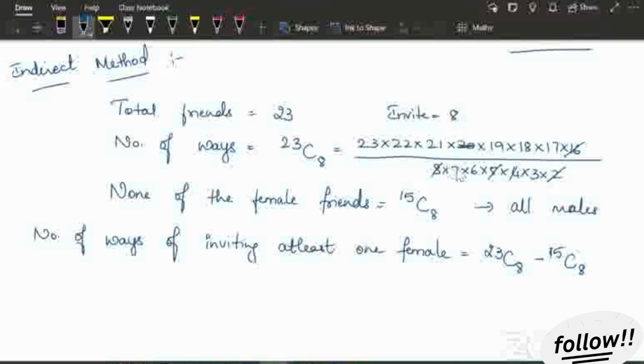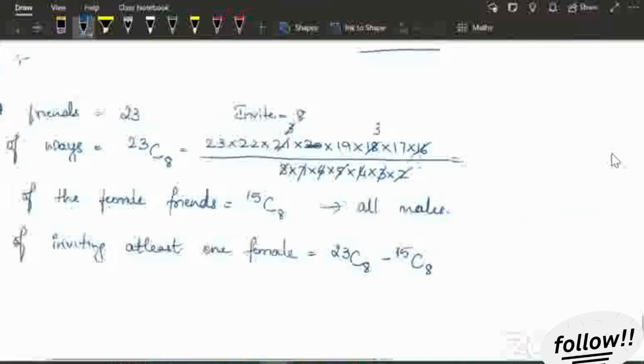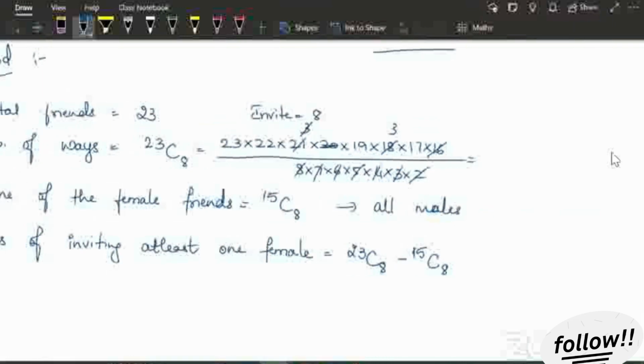And then 7 3s are 21. And this 3 gets cancelled with this. I have only 6 left. 6 3s are 18. I think in the denominator, everything is cancelled. Now here I have 23 into 22 into 21, 20 cancelled.